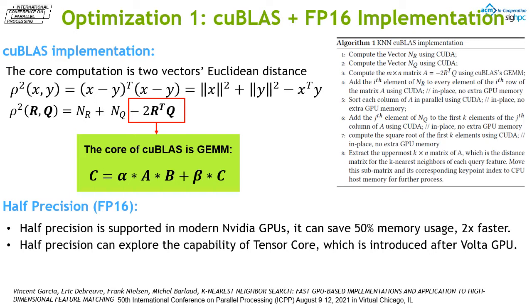The second optimization is to reduce the precision to half precision, and we found there's no accuracy loss when converting from full precision to half precision. Half precision is supported in modern NVIDIA GPUs. It can save half the memory usage and is 2 times faster. Half precision can also exploit the capacity of tensor cores, which were introduced after the Volta GPU.